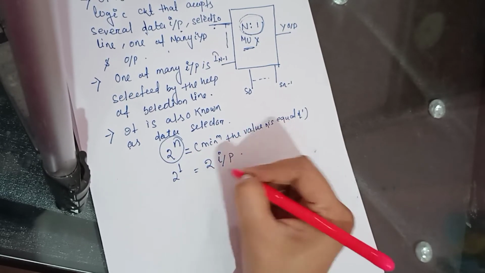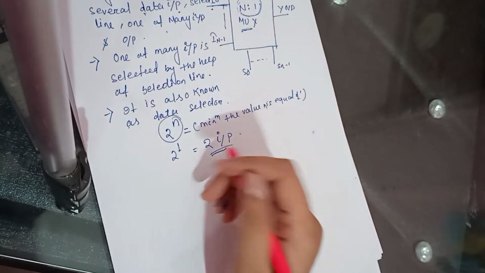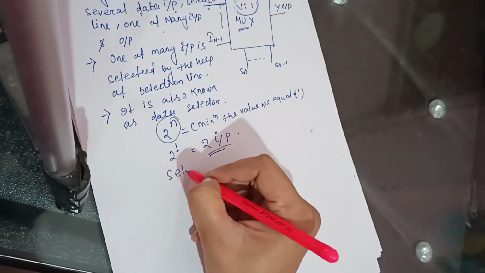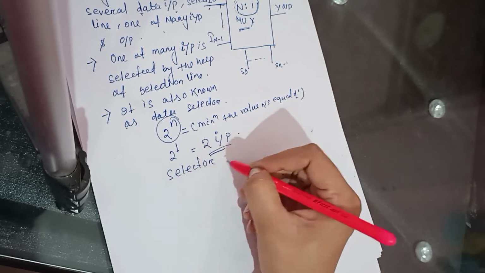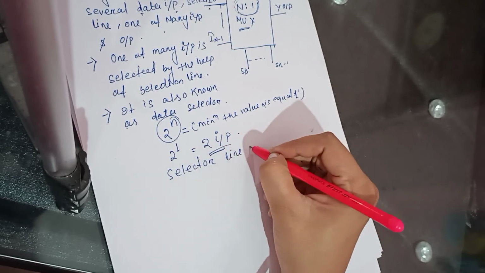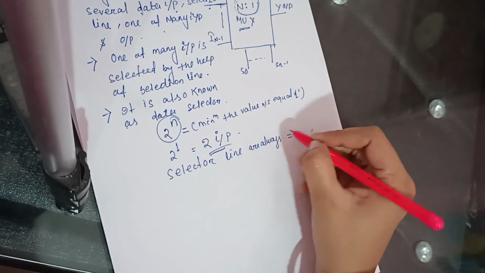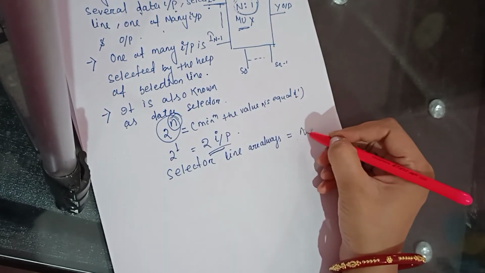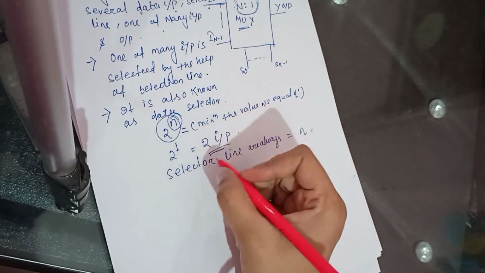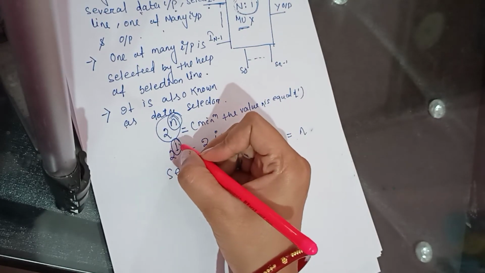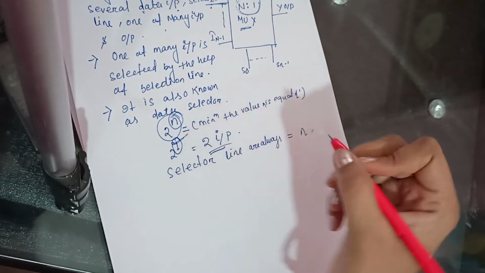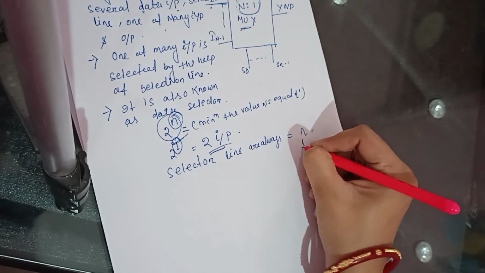We have to give 2 input lines, and the selector lines are always equal to the value of n. Suppose the n value is 1, then the selector line is equal to 1.